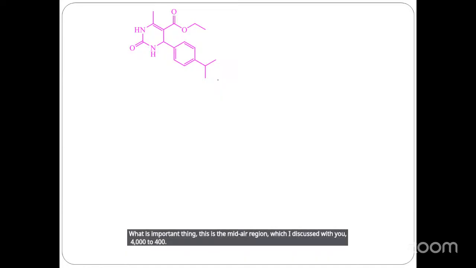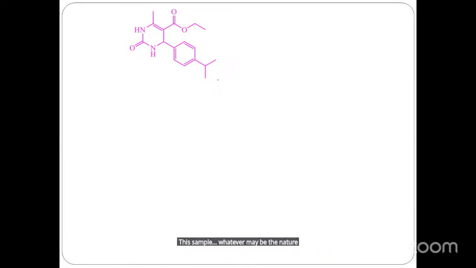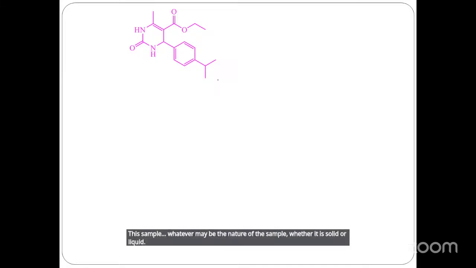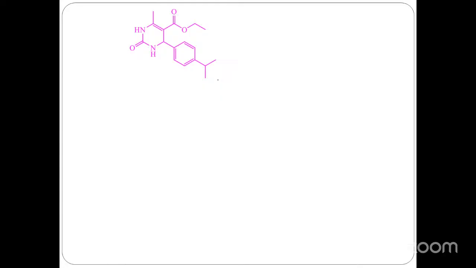Whatever the nature of the sample, whether it is solid or liquid, the analysis depends upon the force constant and the reduced mass, and the functional groups which are present give us an idea about the region where signals will occur.